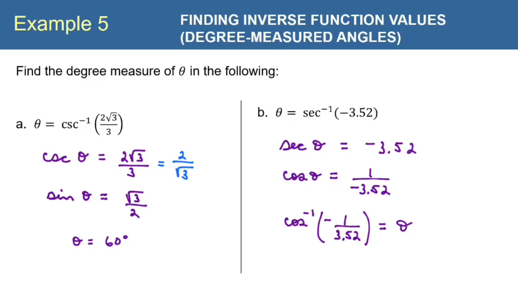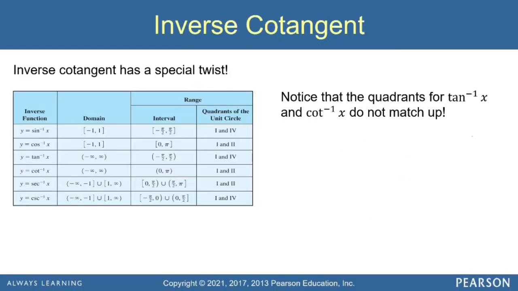Now the calculator is going to give us an answer here, and we know that it's going to be a quadrant 2 angle, because the only two quadrants that our answer can be in are quadrant 1 and quadrant 2, so a negative cosine value is going to have to match up with a quadrant 2 angle. And sure enough, when you enter this in the calculator, you get theta equals 106.5 degrees.